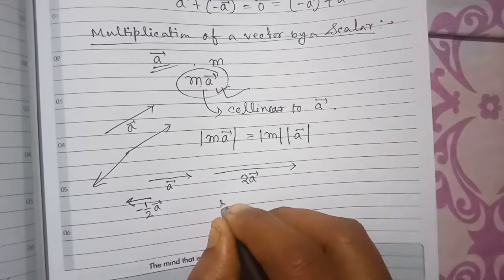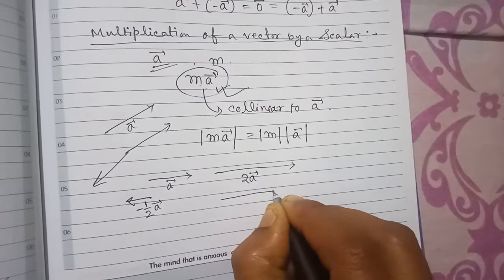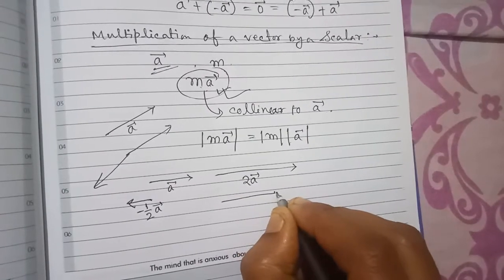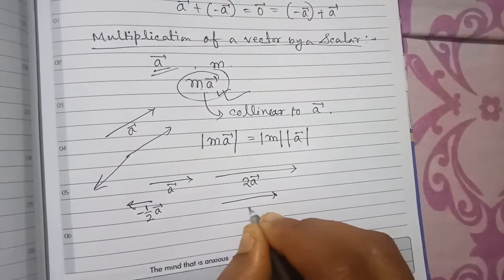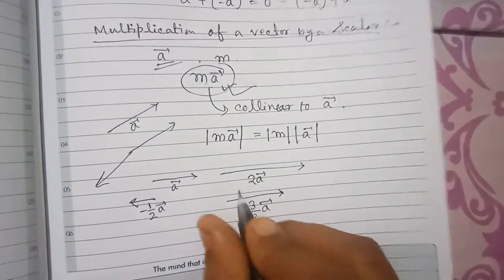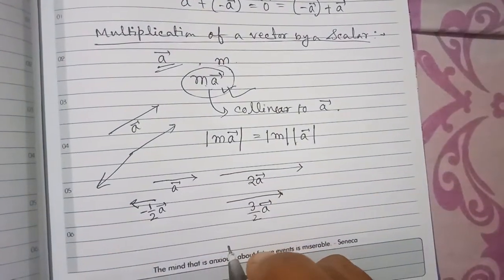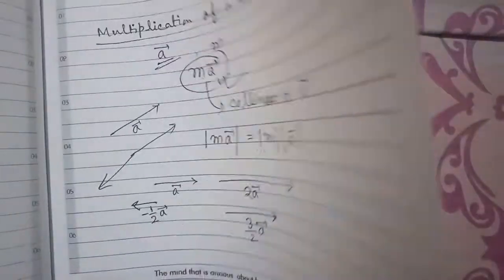Suppose in the same direction I'm taking 1.5 part, then it will be 3 by 2 A vector. So it is depending on the value of m, the value of the scalar.